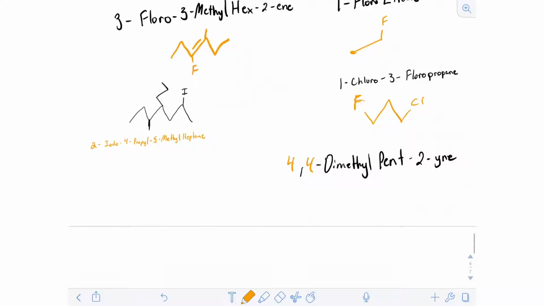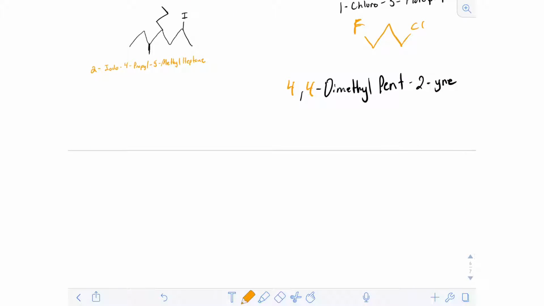All right, and then moving down the list, I'm just gonna drag this one on. Yeah, I can cross screens. Moving down the list, we've got 4,4-dimethylpentyne. So you should have gotten a structure similar to this. Actually, not similar. It should be this.